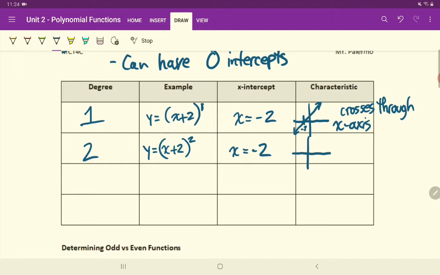When we have a degree 2 on the outside of our brackets, remember that this only means that there's one x-intercept. So how do I draw one x-intercept at x equals -2? It's going to be the vertex of our parabola. It only touches the x-axis and then turns back in the other direction. So this touches the x-axis, but never crosses.